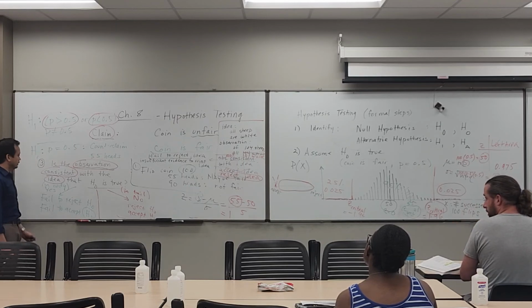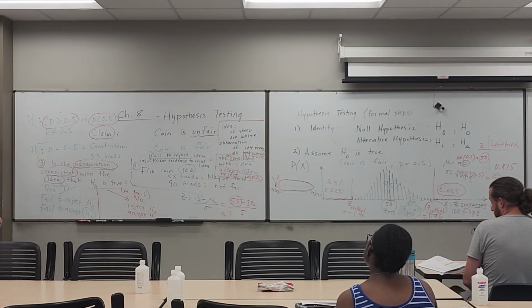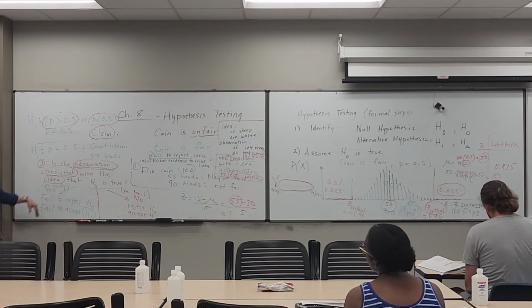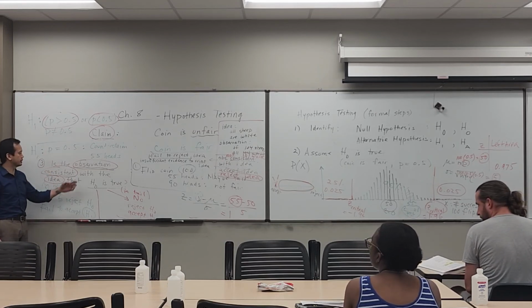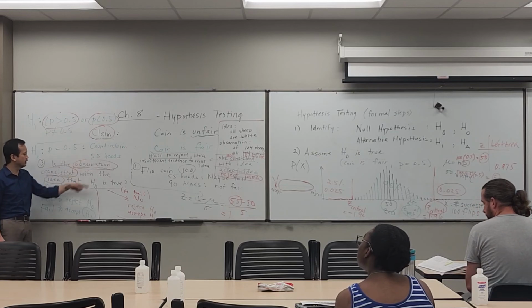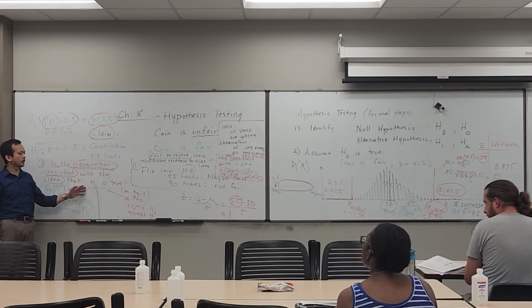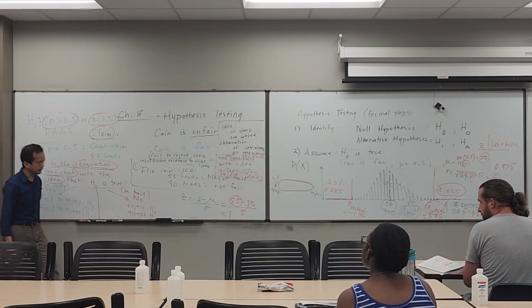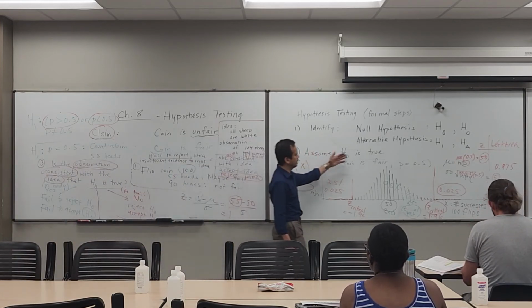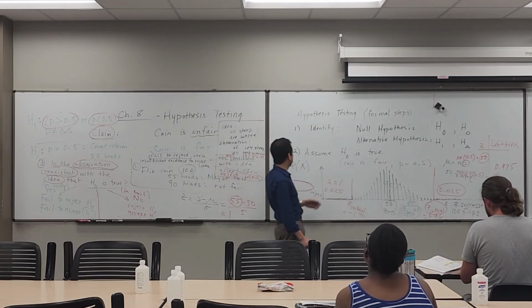Okay, good. So to summarize what we did in step 3 here, basically we're answering the question of whether this observation, 55 heads in this case, is consistent with the idea that the null hypothesis is true. In this case, the null hypothesis represents the coin being fair. That was step 2, assuming the null hypothesis is true. So that was the coin is fair.